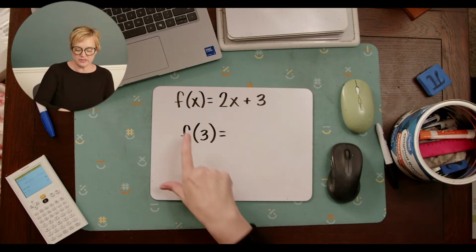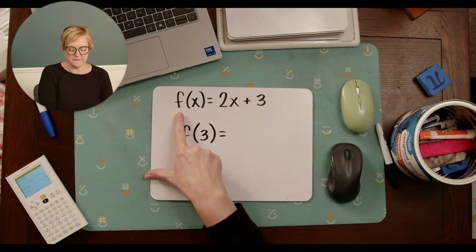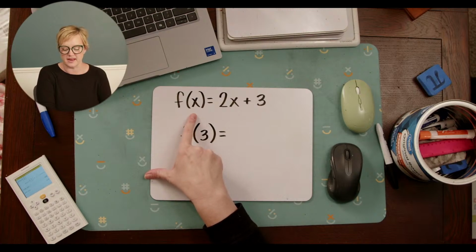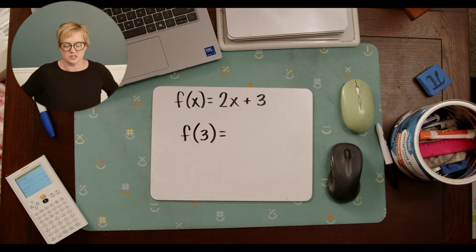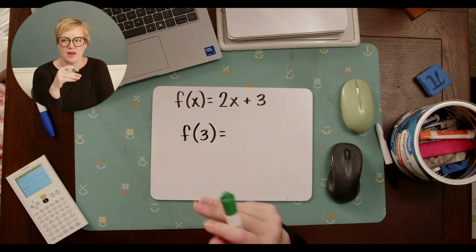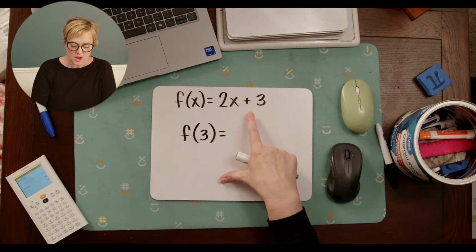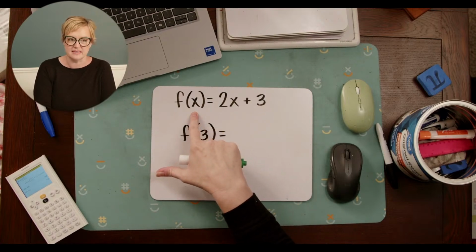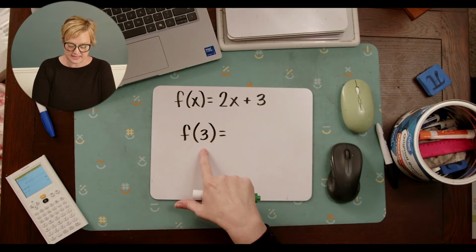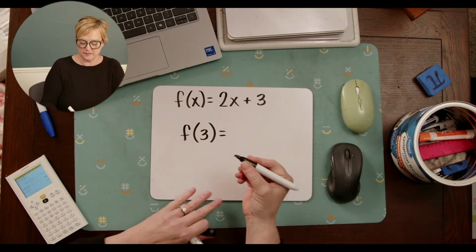Function notation: this f just means it's the function that we call f. For whatever you plug in here, this function f is going to do times 2 plus 3. Functions are sort of like a machine, able to do one thing really well, and in this case, it does times 2 plus 3. Whatever's in the parentheses, you substitute in for the x.